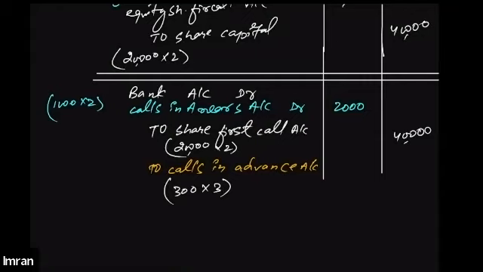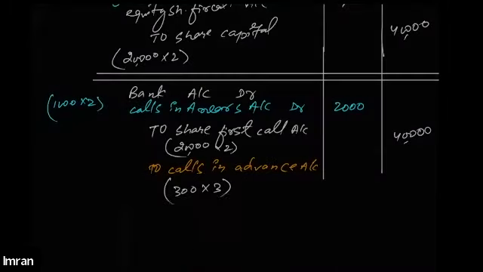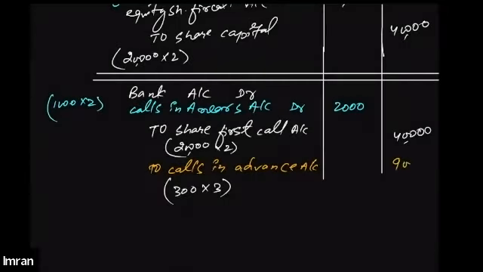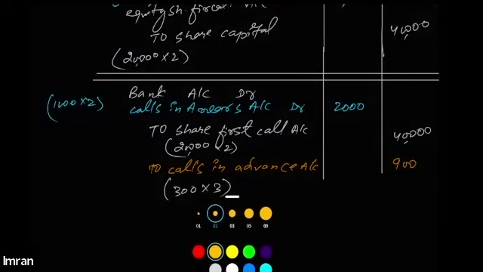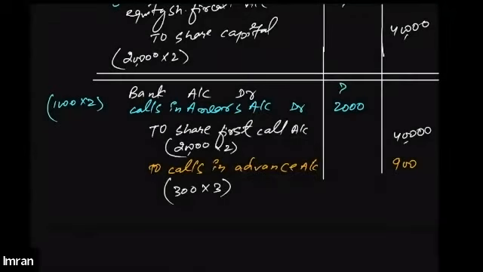He had to pay for the first call only, but he paid for the final call as well, because the question says that he made the entire payment at once. So 900 needs to be credited. All right, is that correct? Got it, everybody? Now you need to tell me by what amount I should debit the bank account.